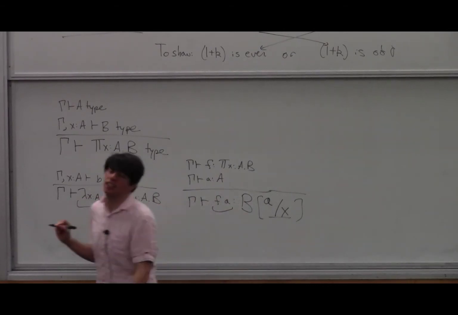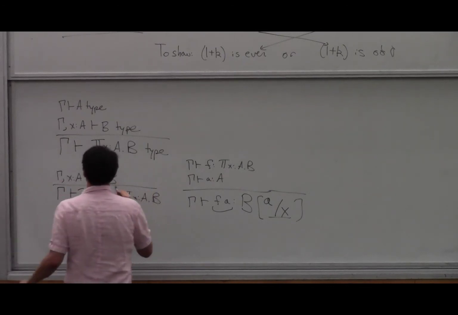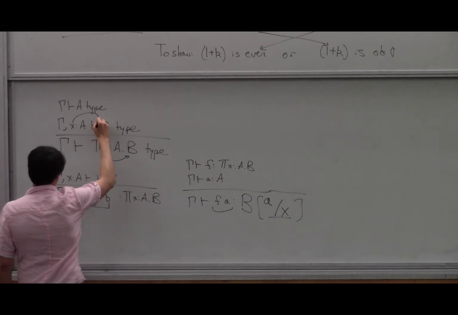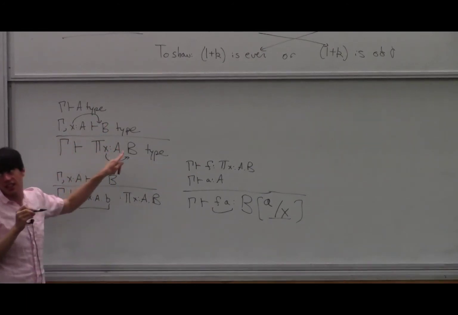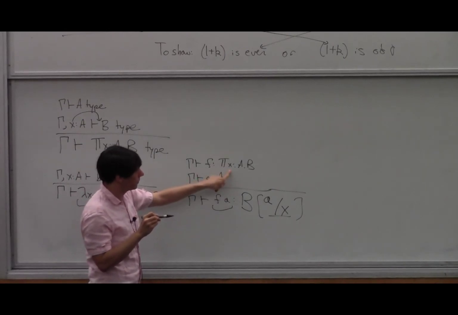Yeah? In the very last substitution, how do you know which x is supposed to be substituted? So I should have maybe said this more clearly, but this x here is bound in B, which is what this kind of judgment is supposed to indicate to you. No, but aren't there many different x's bound in B?